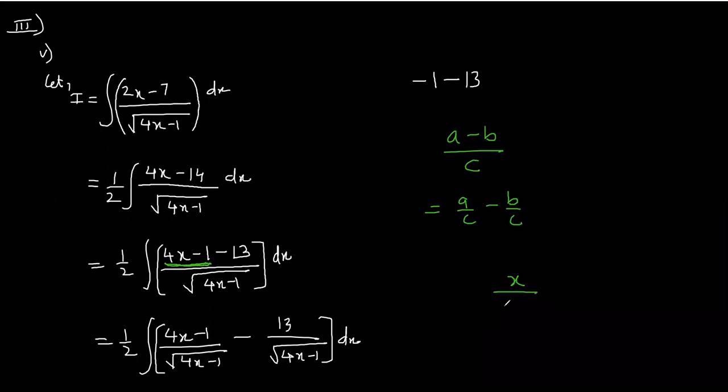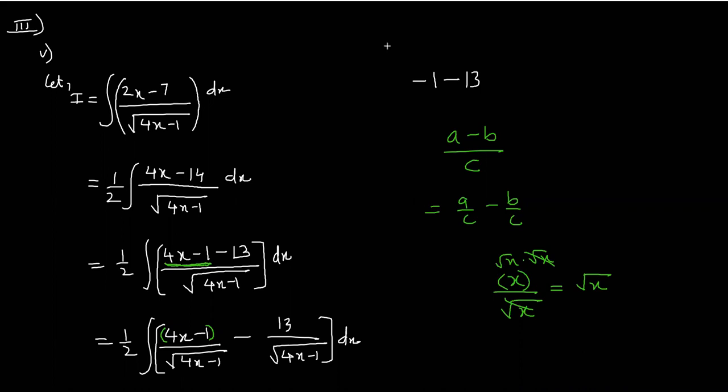Okay, then students, you all know if you have x divided by root x, this gets me the result as root of x. How? Because this x is root x into root x, so one root x cancels and you are left with root x. So the same way here, it is 4x minus 1 divided by root of 4x minus 1.